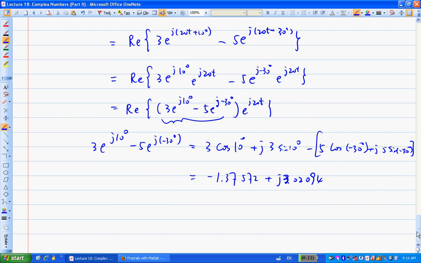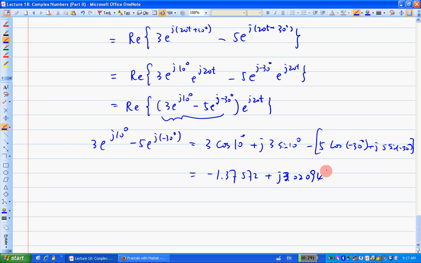You should get this here. When you do this calculation, make sure you set your calculator to degrees, because this happens quite a bit. Sometimes radians are used, and cosine 10 in radians is very different from cosine 10 degrees.